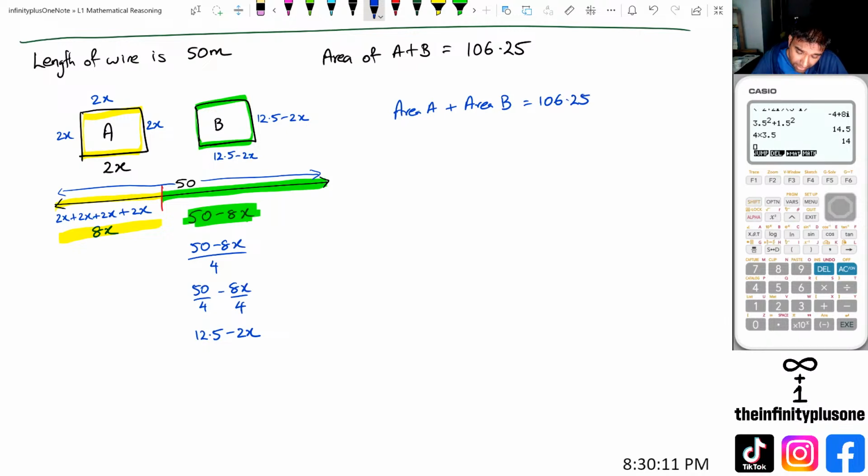Area A is a square, so we're going to do base times height. So 2x times 2x. For B, we've got base times height, so 12.5 minus 2x times 12.5 minus 2x. And now this is all equal to 106.25.